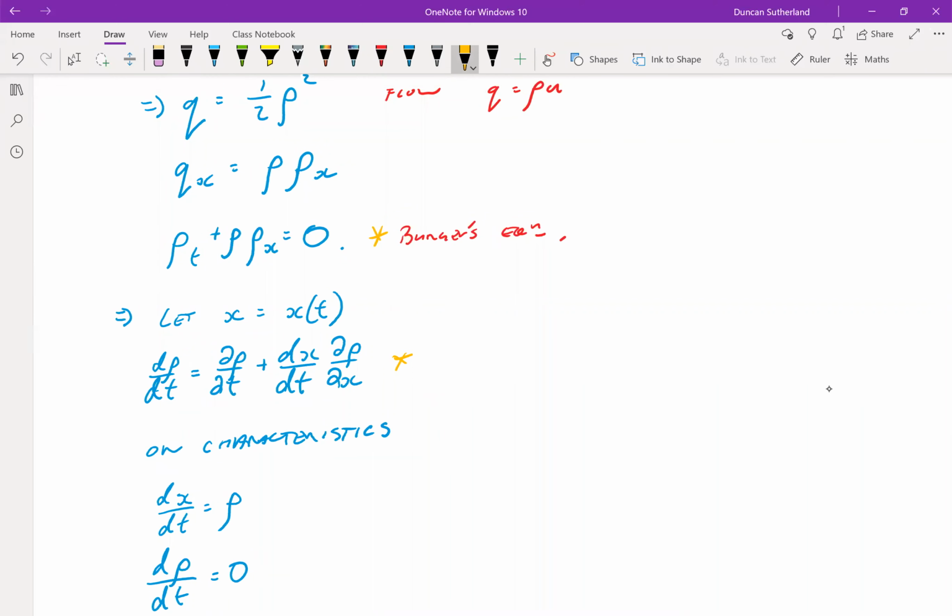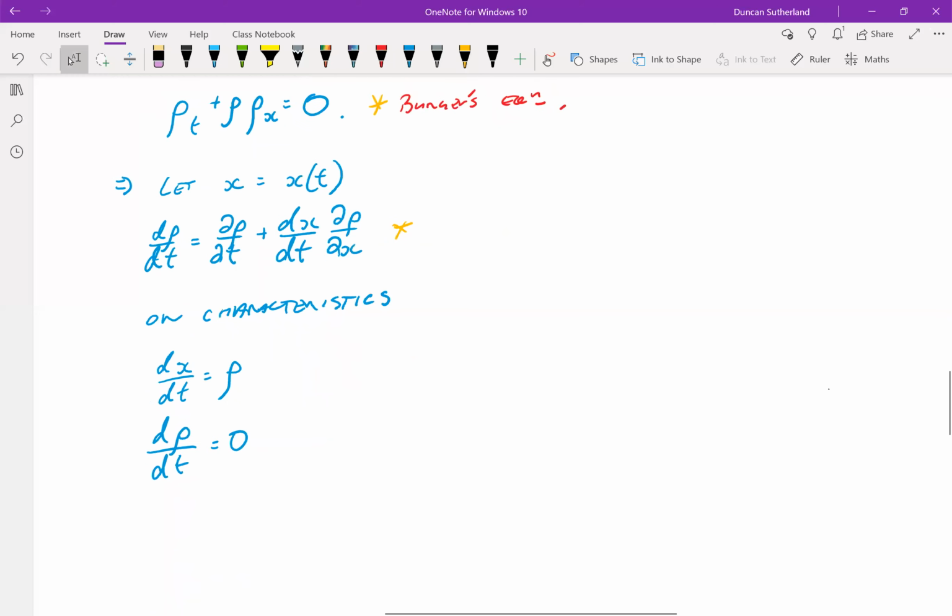If dx/dt equals rho, this thing here, then the total derivative of rho with respect to t is 0. So this defines our characteristics. This defines our density on the characteristics.